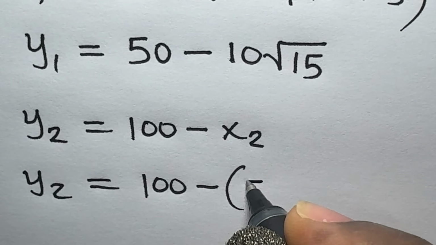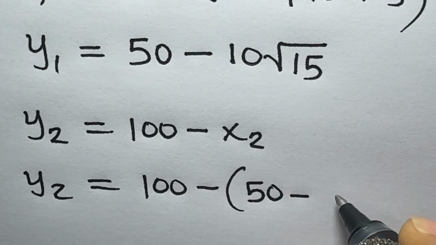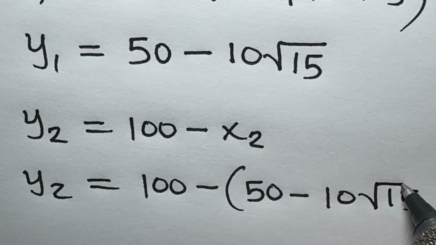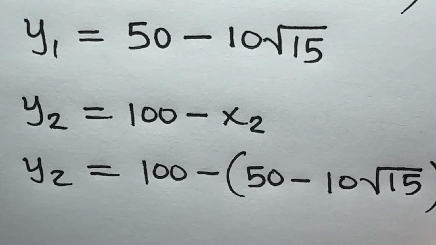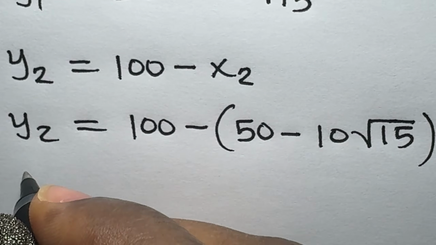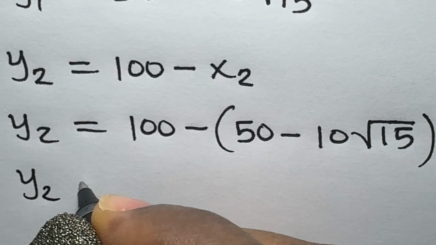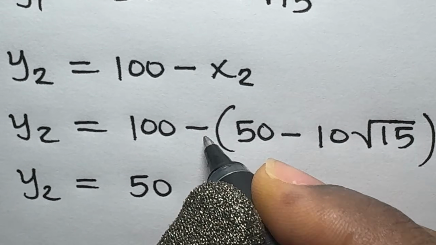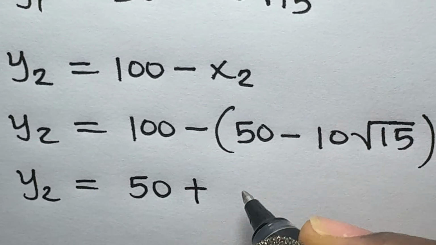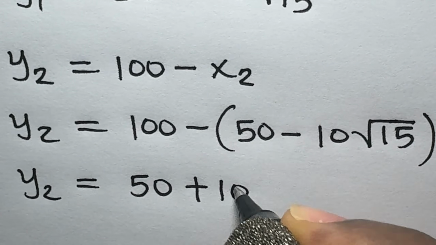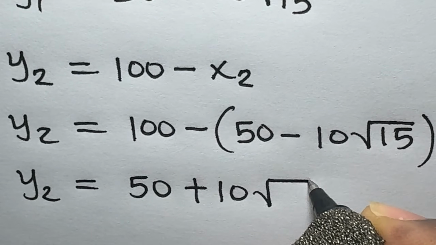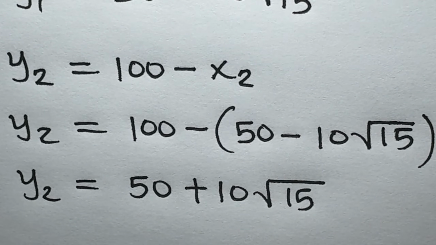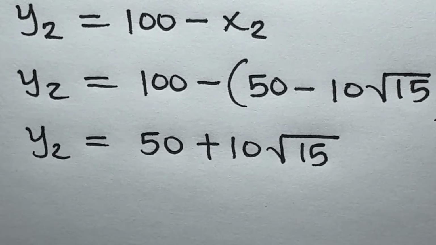So we do 50 minus 10 root 15. Then y2 is equal to 100 minus 50 is 50. Minus times minus is plus. Then we say 10 root 15. Giving us all four values for this problem.